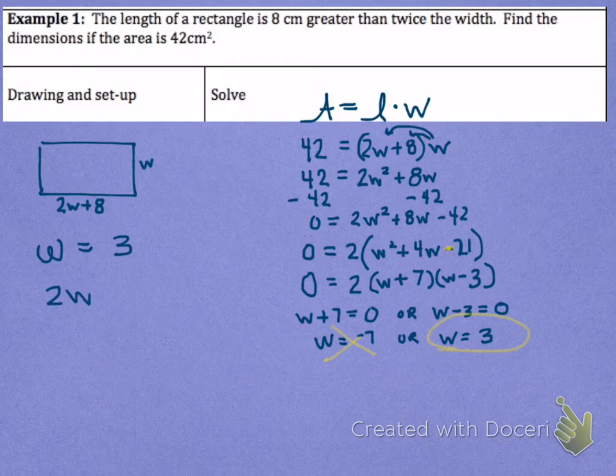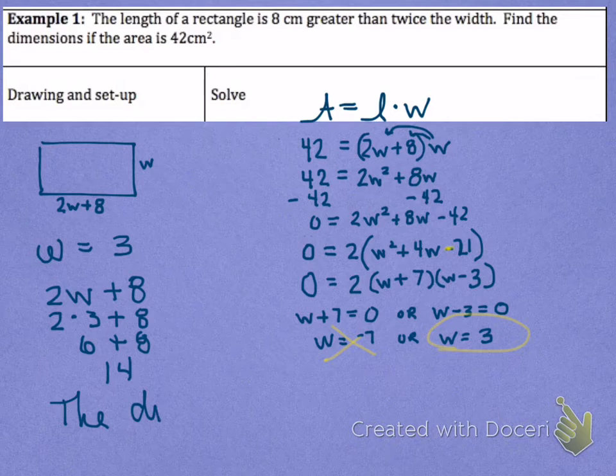For finding my length, 2w plus 8 is 2 times 3 plus 8, so I get 6 plus 8, which is 14. And so now I have my answer: the dimensions of the rectangle are 3 centimeters by 14 centimeters.